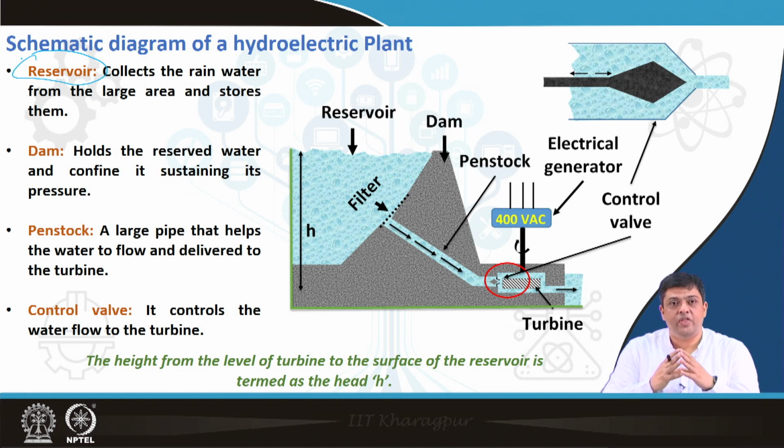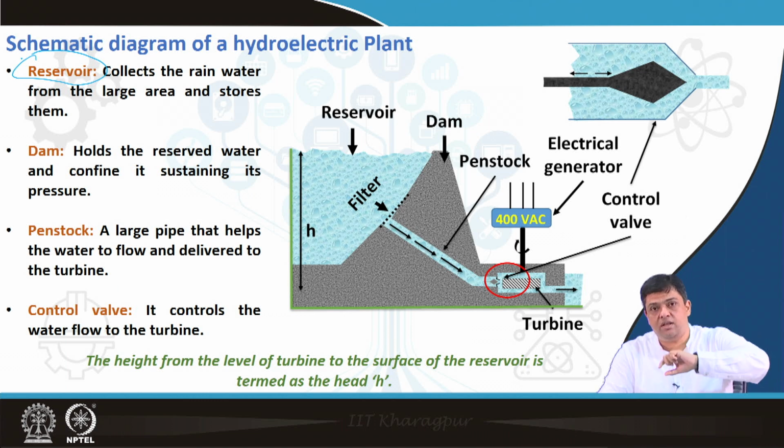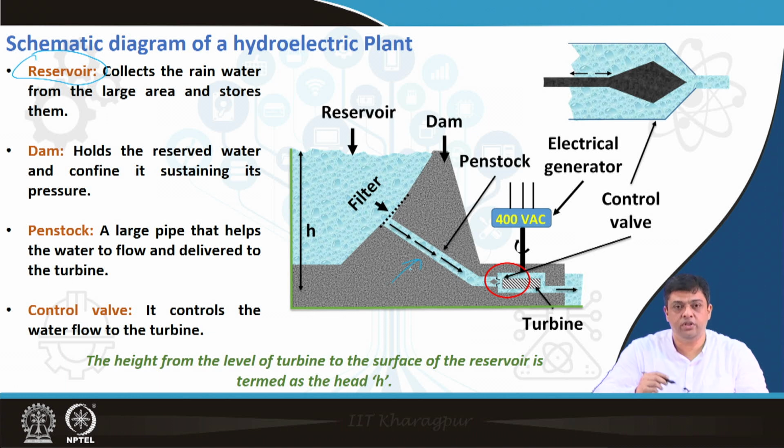This reservoir then supplies water down the channel which hits the turbine, and the operation of this turbine leads to the generation of electricity. And after the transfer of energy to the turbines, the water continues in its path and flows down the stream. This is what you have understood.